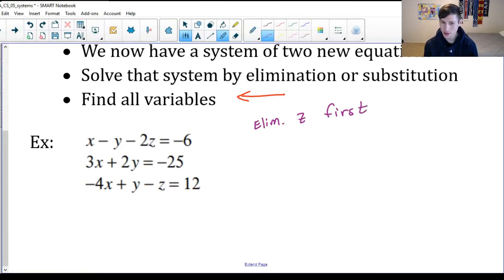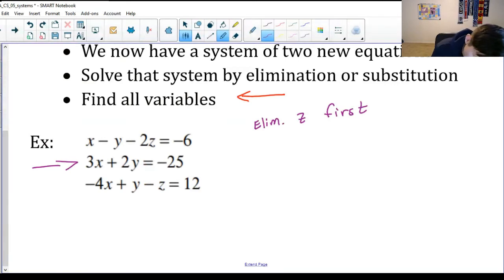The reason that we would do that is because that second equation already has z eliminated. I don't even need to do my first step of pick 2 and eliminate. It's already done. Okay, so that helps me a lot.